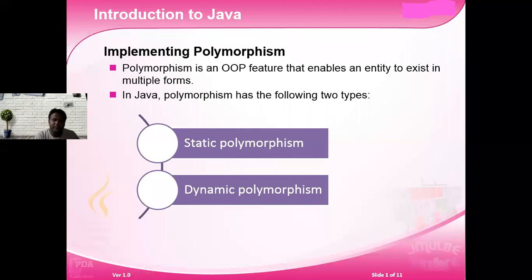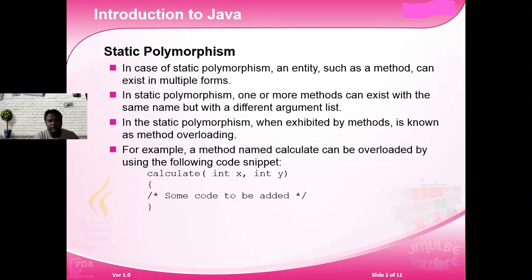This polymorphism is implemented in two ways. There are two types of polymorphism: static polymorphism and dynamic polymorphism. So what is static polymorphism?